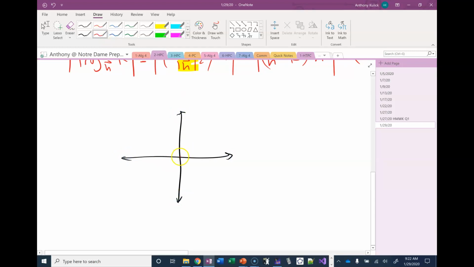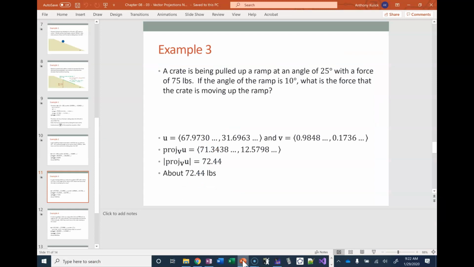So we have a force going up at an angle of incline of 25 degrees. And then I have the ramp that has an angle of incline of 20 degrees. Oh no, wait a minute, hold on, I'm sorry.